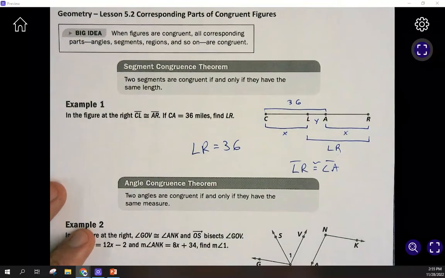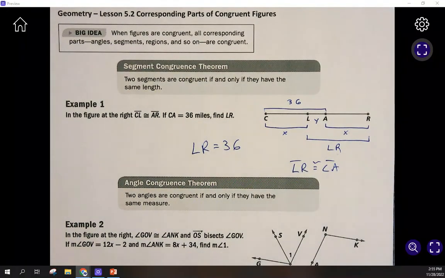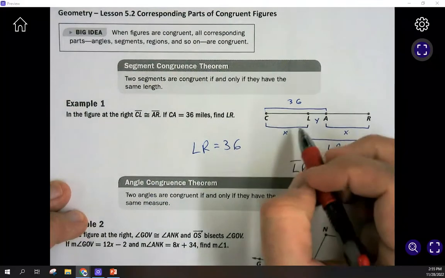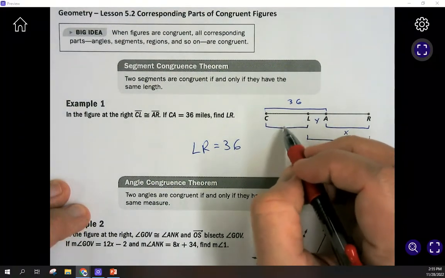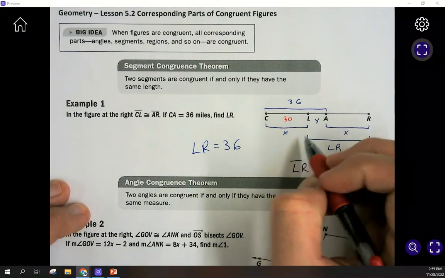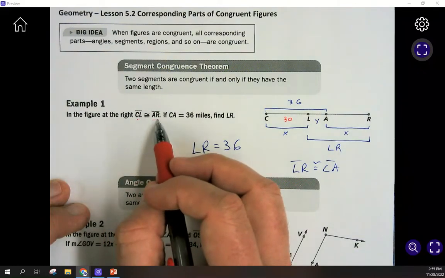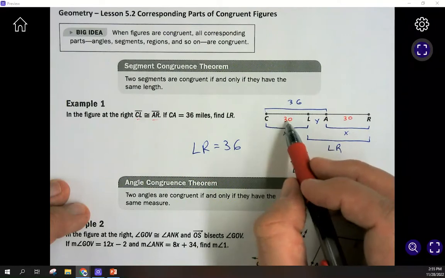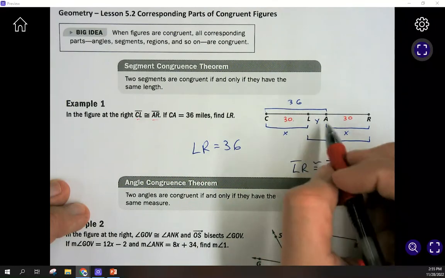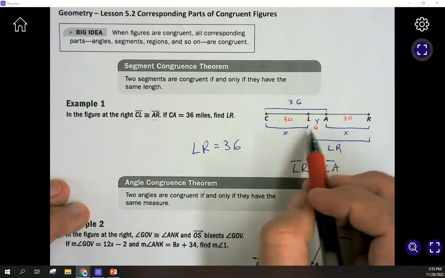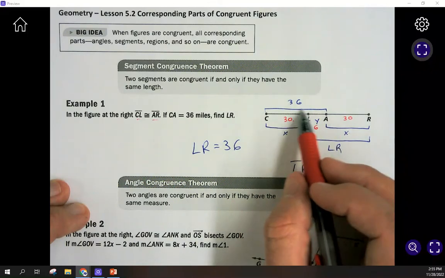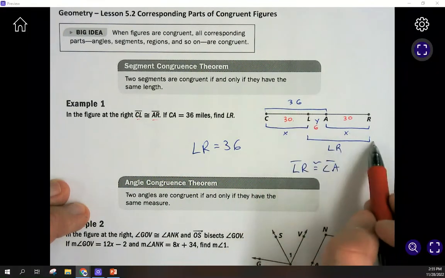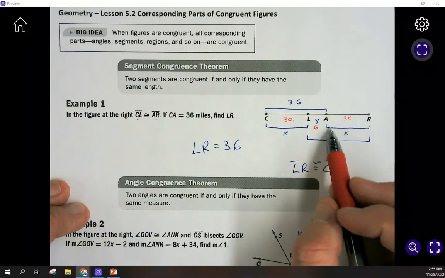If it doesn't make sense to you when you're looking at it with X's and Y's and all of that, substitute a number in here for CL. Let's say we know that this is 30. Well, they already told us CL and AR are congruent, so that means AR is also 30. Well, if this was 30 and this whole thing's 36, I know this must be 6 in here. So 30 plus 6 is 36. And now if they want you to find LR, we already know this was 30.